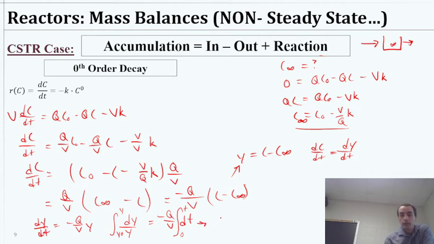So essentially that's going to give us natural log of Y over Y naught equals negative Q over V times t.